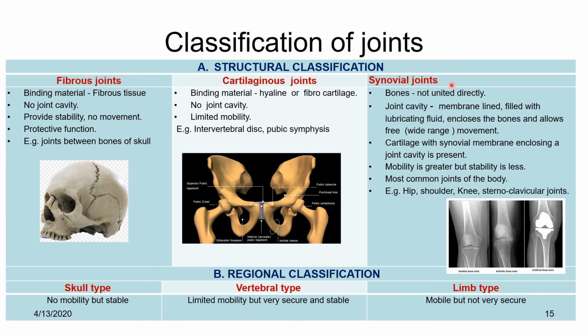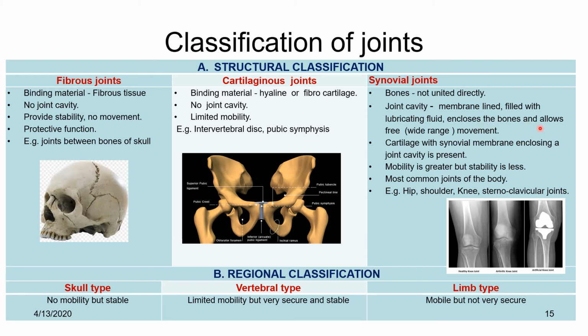Then coming to the synovial joints. Bones are not united directly. A joint cavity will be there, which is lined by membrane and filled with fluid that will lubricate the articulating surfaces.